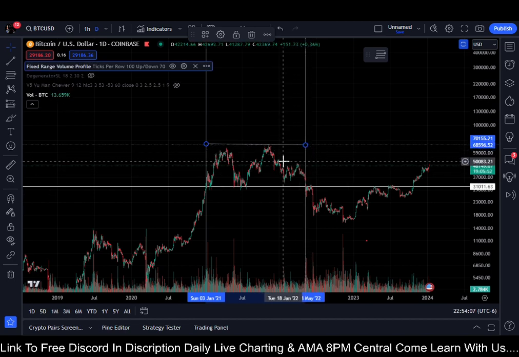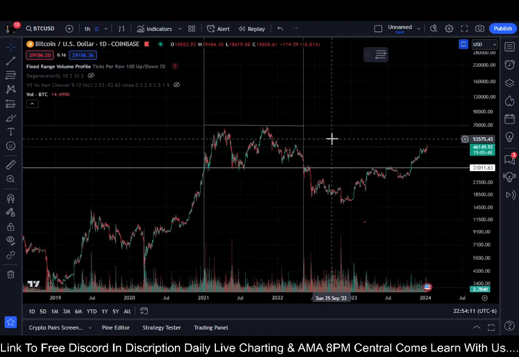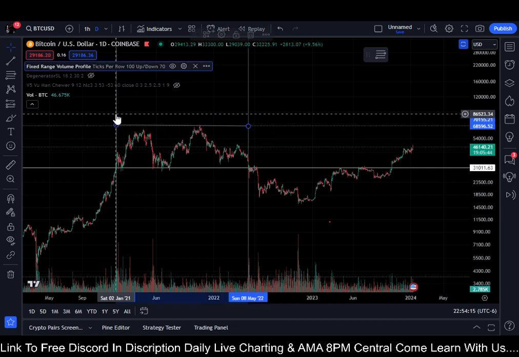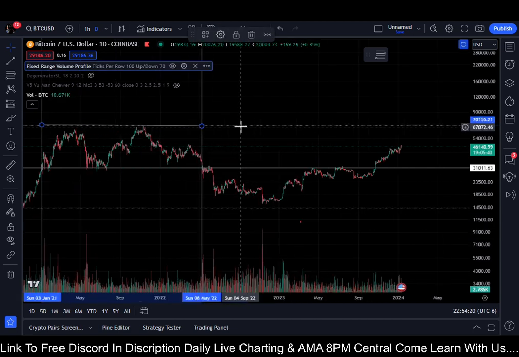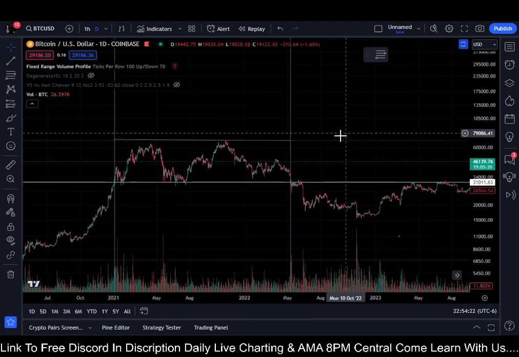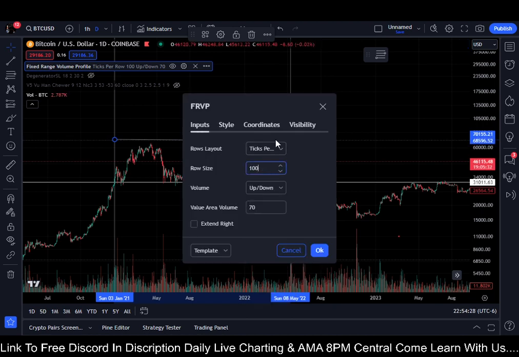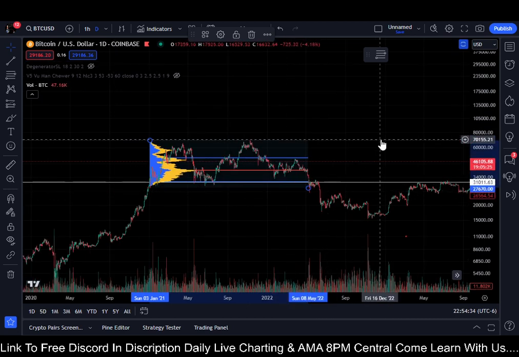And we will see that our value area high should be able to pull that up. Doesn't want to pull it up. There we go.